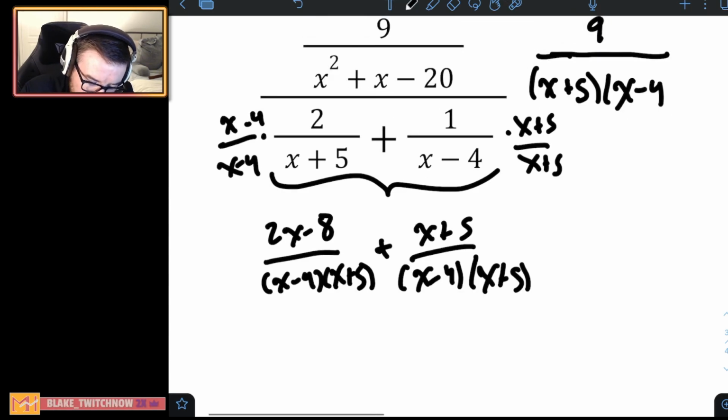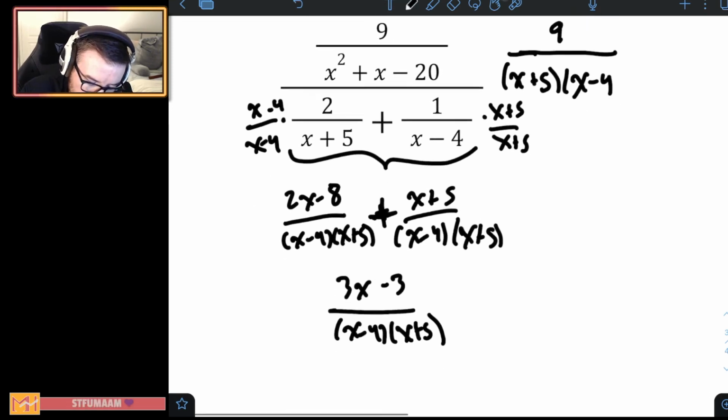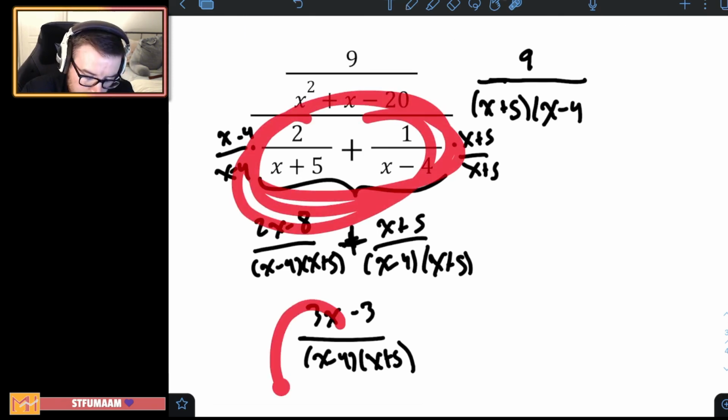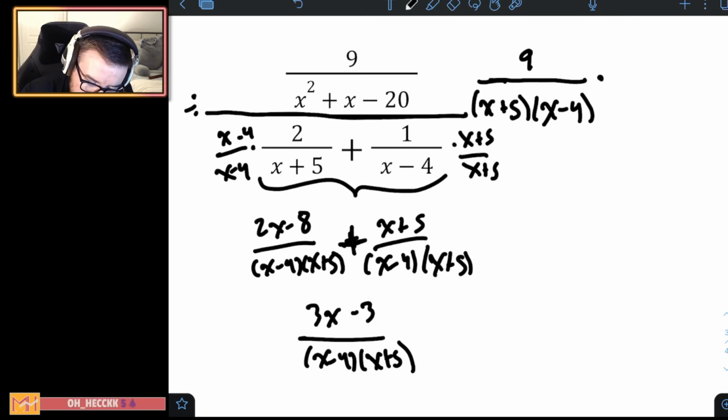And then when I add those two things together, I get 3x, and negative 8 plus 5 is negative 3, all over x minus 4 times x plus 5. So this is this. With that being said, we are dividing, aka multiplying by the reciprocal.